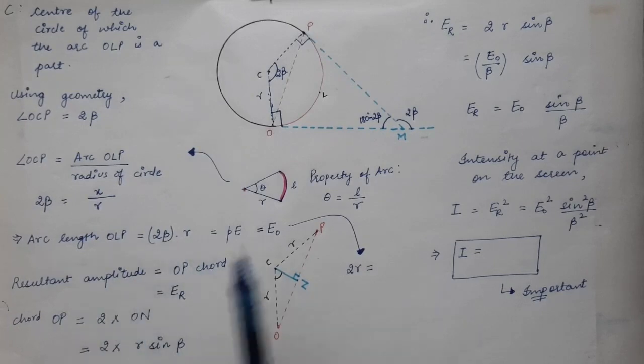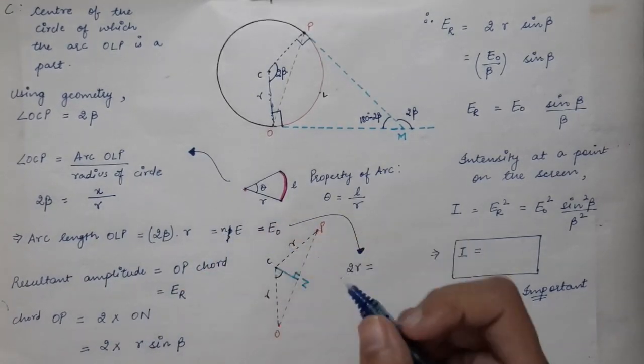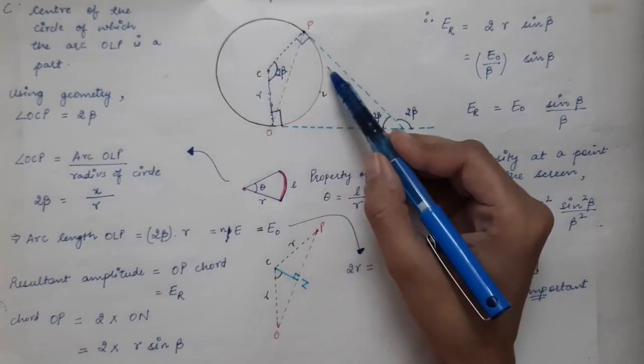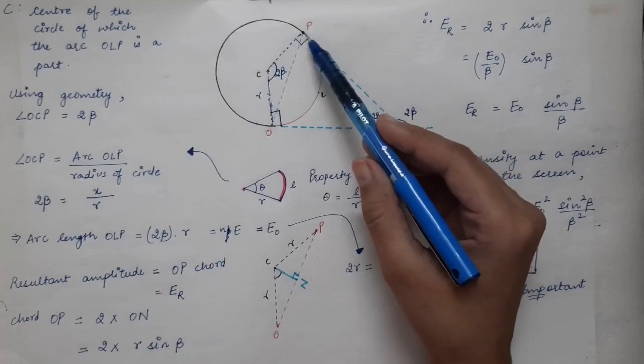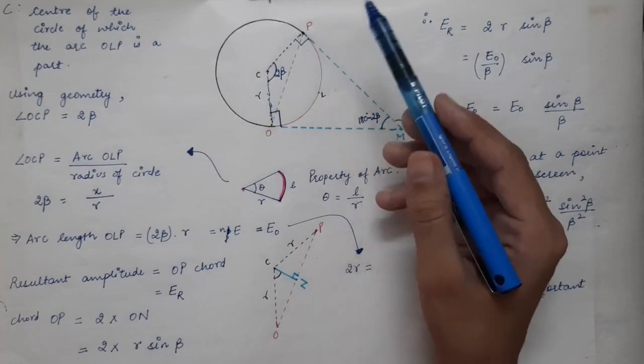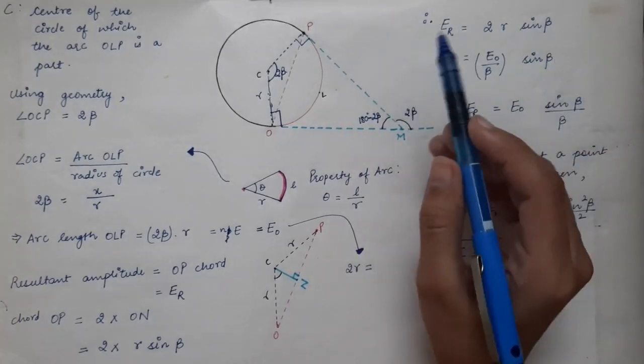And we have just found that this length of the arc, let's say there are n number of waves. We had considered there are infinite number of waves, so let's assume we will put the limit of n later on.